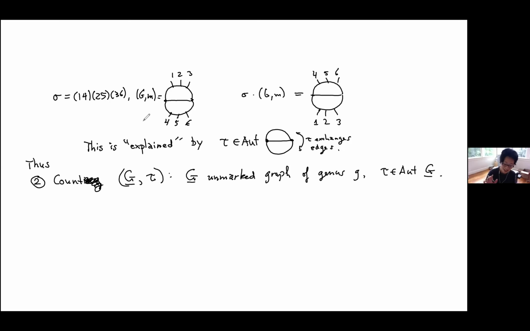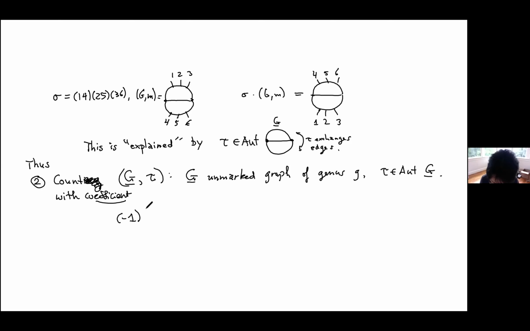So now the crucial point is, what is the coefficient? If I combine all this counting, I need to count all the sigmas and all the ways to mark up the underlying unmarked graph G underline that are compatible with tau. So what is the coefficient? And now I think I just have to ignore signs entirely.